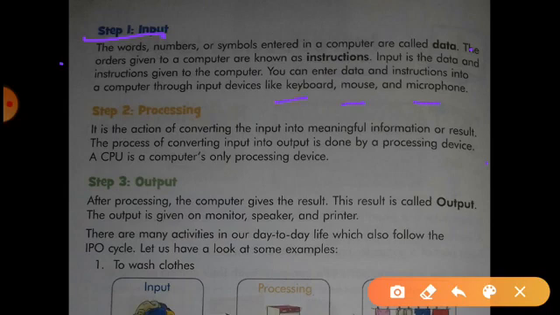Dear students, these are the input devices: keyboard, mouse and microphone. Now come to the second step, that is processing. It is the action of converting the input into meaningful information or result. The process of converting input into output is done by a processing device.